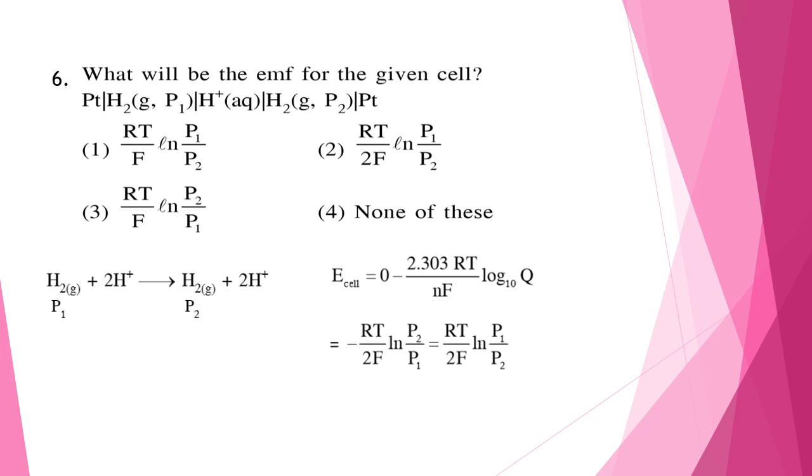Now in this case E naught cell will be equal to 0. So when you substitute the values, you can write 2.303 and log 10 in the form of ln. So it will become RT by 2F ln P1 by P2, and here n is equal to 2 because you can see there are 2 electrons involved. So the correct answer here will be option 2.